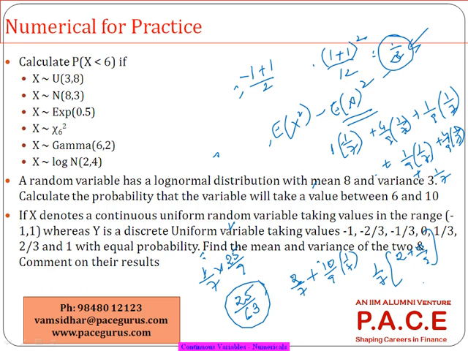Because if it had been 1 by 3, you would have got 25 by 75. So here it is slightly more than 1 by 3, which tells me clearly that though the continuous and discrete cases have the same averages, in the discrete case the variance is slightly higher compared to the continuous case.